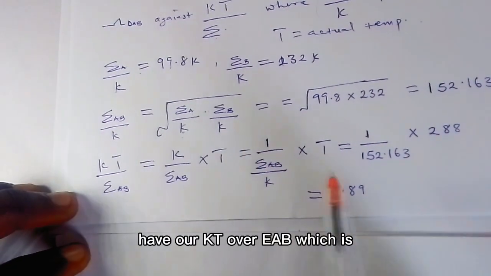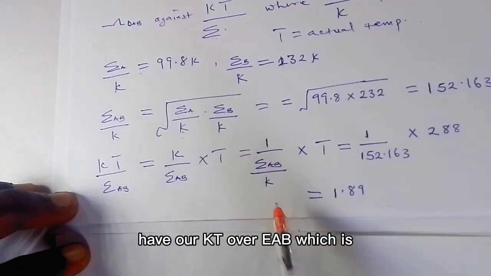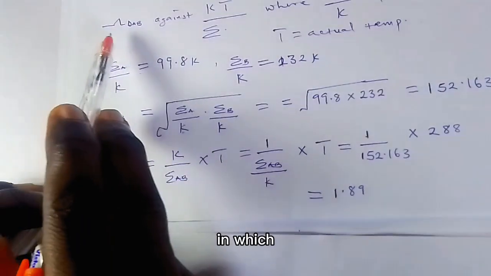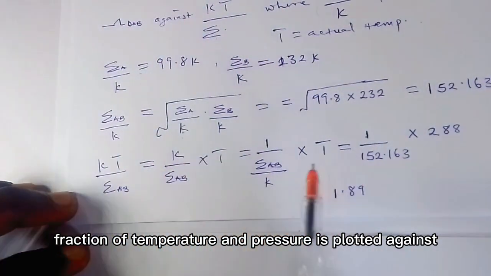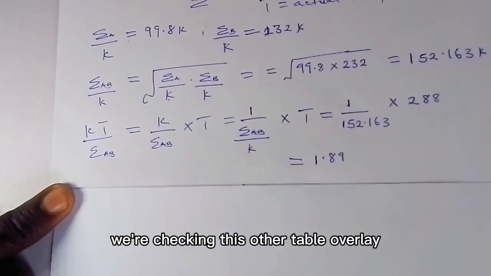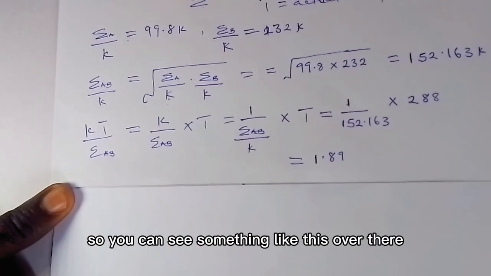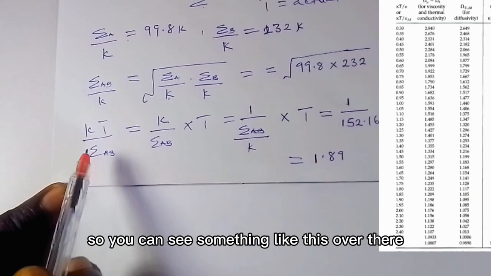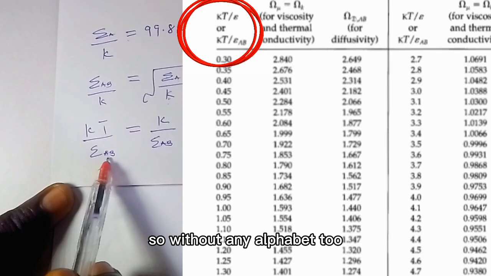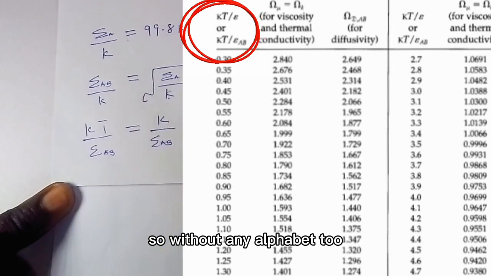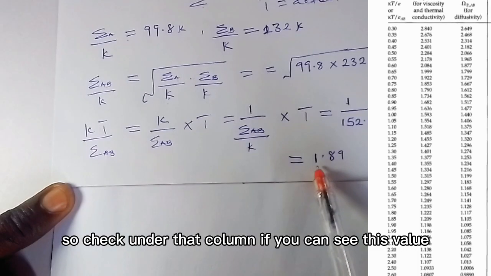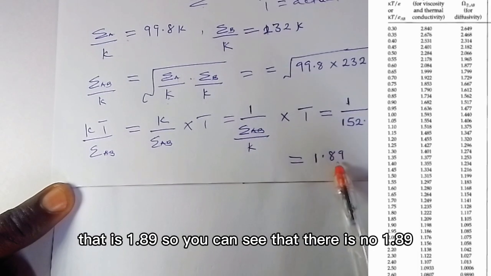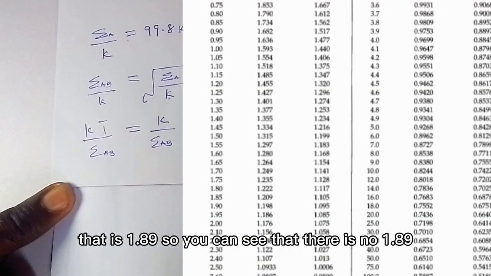The next thing to do is, we already have our KT over EAB, against which the function of temperature and potential field is plotted. We check this other table, and you can see something like this over there, without any alphabet. So check under that column if you can see this value, 1.89. You can see that there is no 1.89.